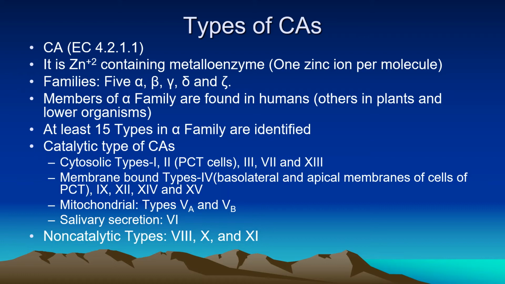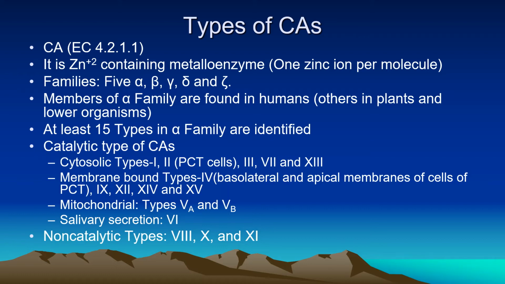So let us see where the catalytic type of carbonic anhydrase enzymes are located. They could be cytosolic. Examples are type 1, type 2, type 3, type 7, and type 13. There could be membrane bound in the cells, and these are type 4, type 9, type 12, type 14, and type 15.